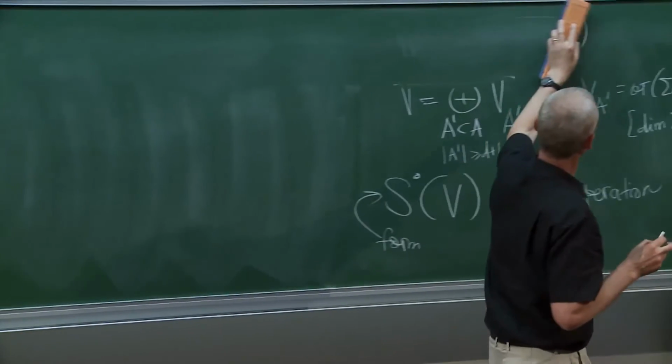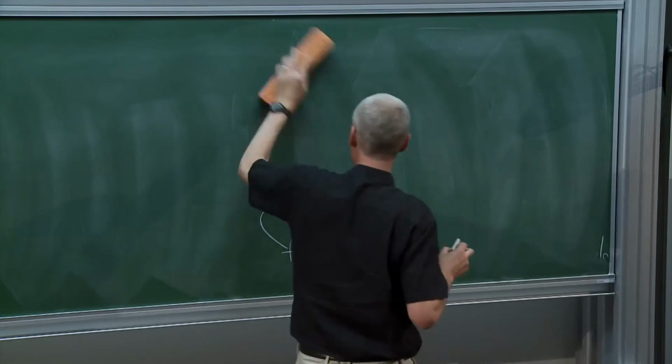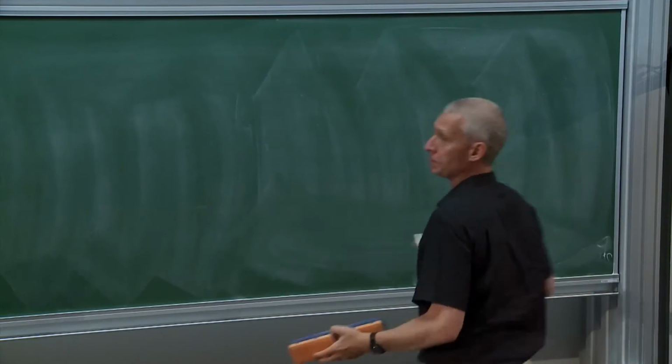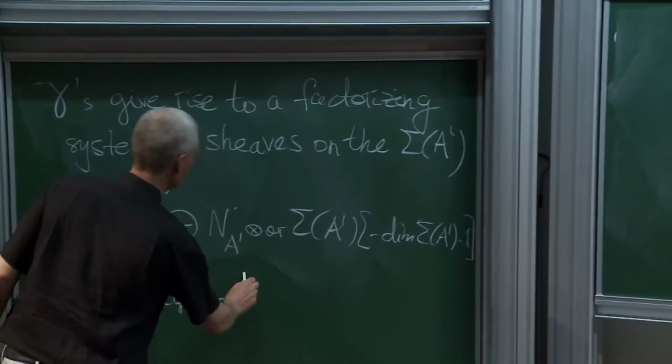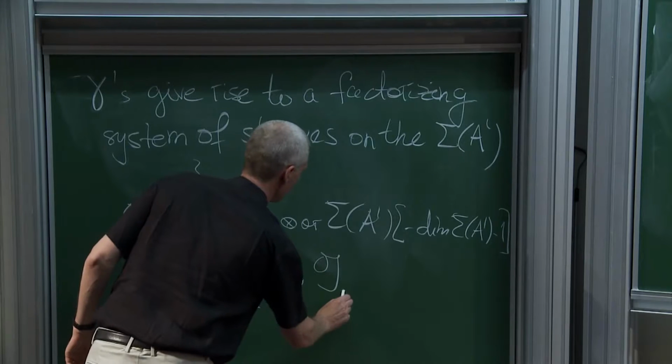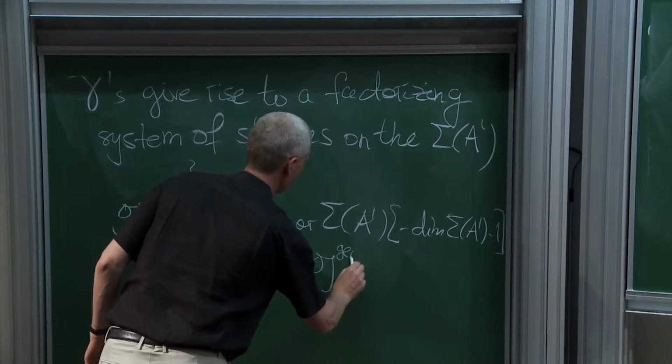Yes, this is a Lie infinity algebra, and inside it will be G geometric.